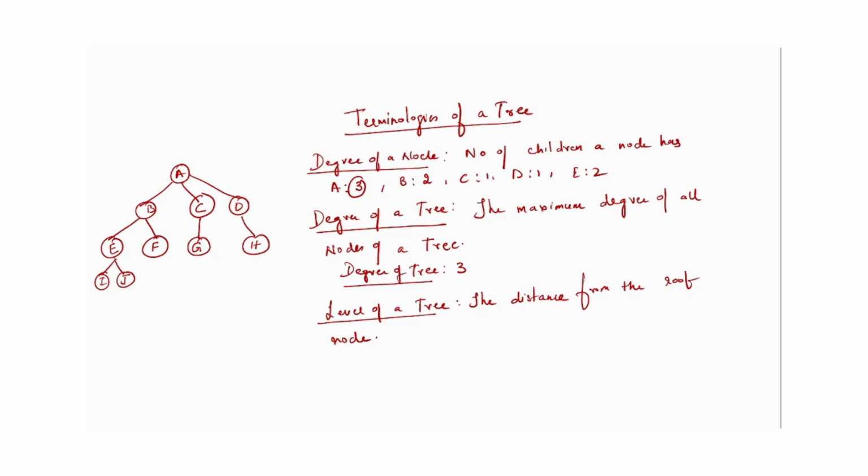Level of a tree, distance from the root node. Basically here I can say this is level 0, this is level 1, this is level 2 and level 3, right? So here the distance from the root node, the level of this tree is 3.